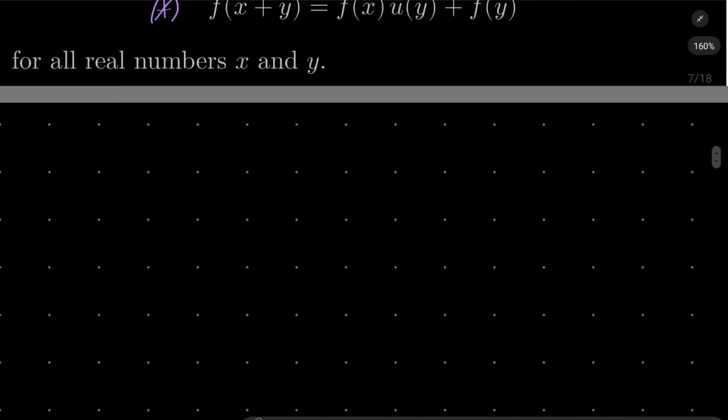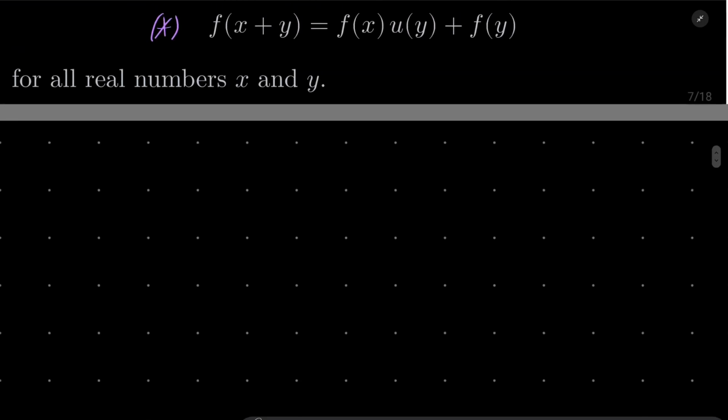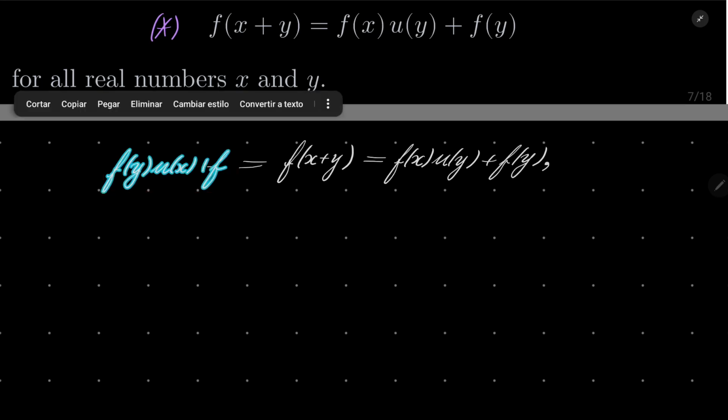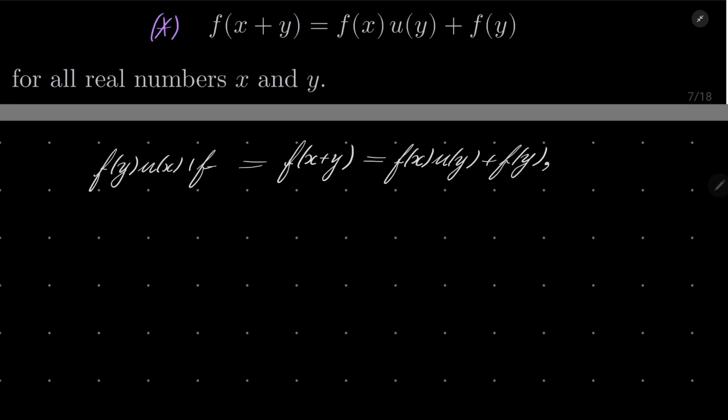Alright, so let's take our very first equation and notice that f of x plus y is f of x times u of y plus f of y. But this expression right here is symmetric with respect to x and y. So in essence, we can change x and y. So f of y times u of x plus f of x equals the same expression.